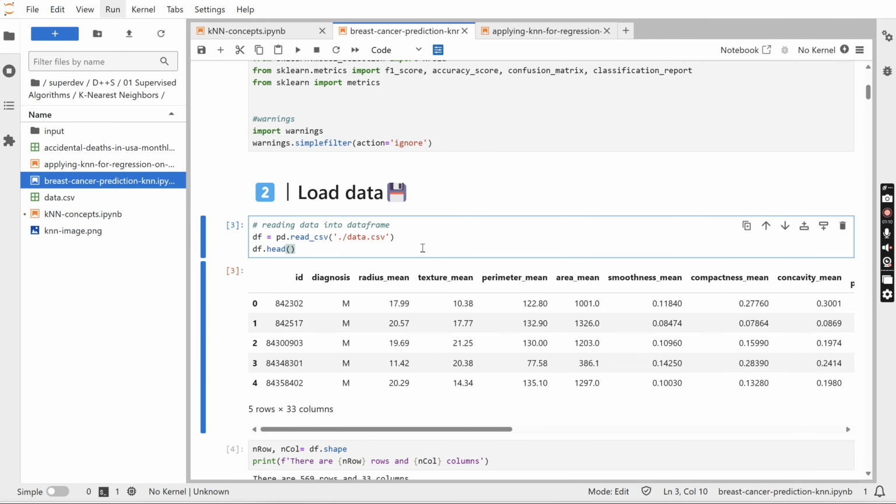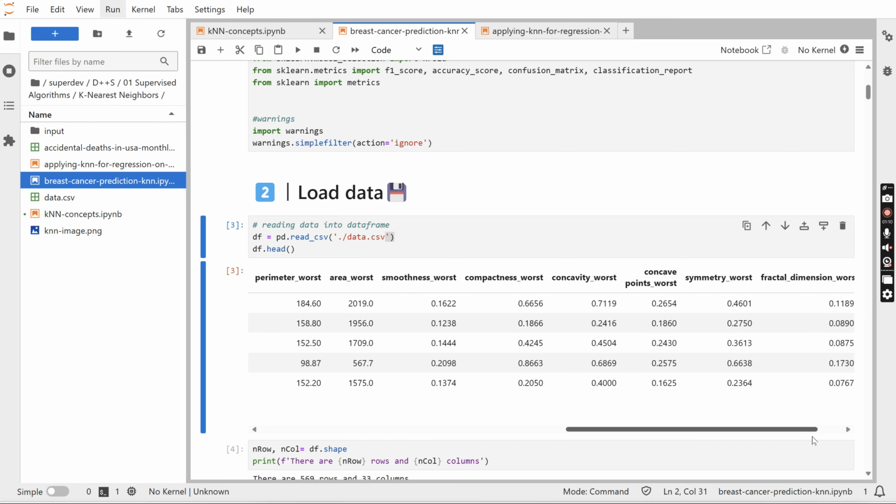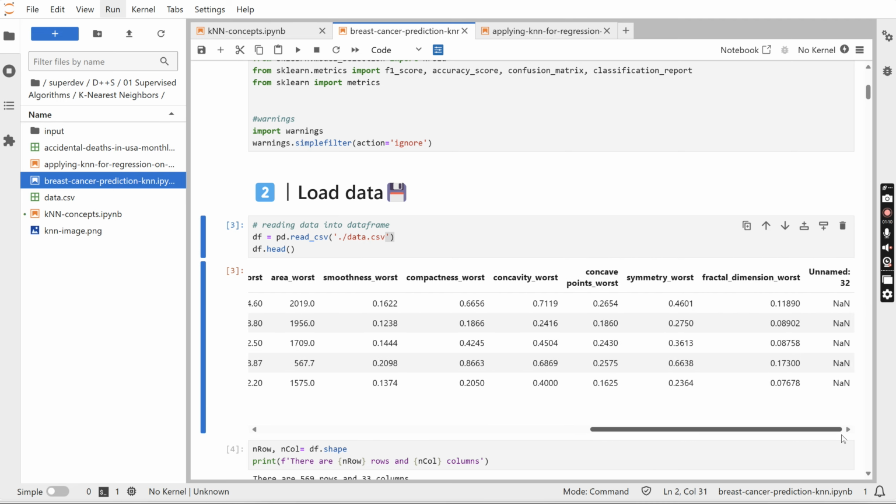Okay, so what we are doing is, we are just taking the cancer data. Here you have the sizes of the lumps that have formed, radius, texture, perimeter, area, smoothness, compactness. So a lot of features are there. These features belong to the lump sizes.